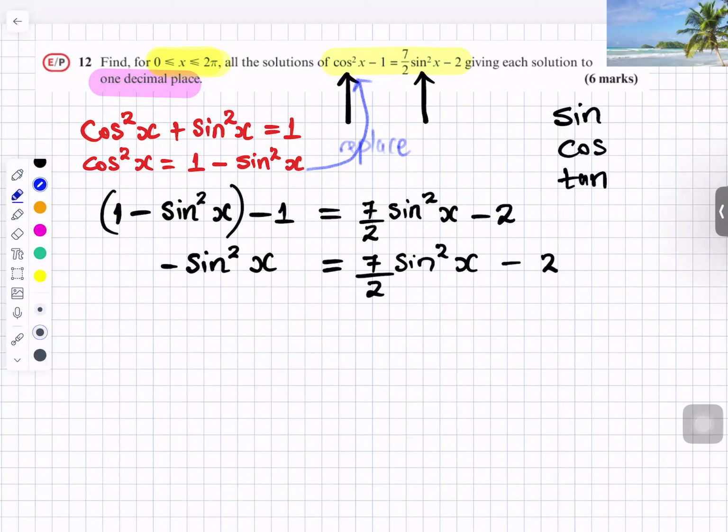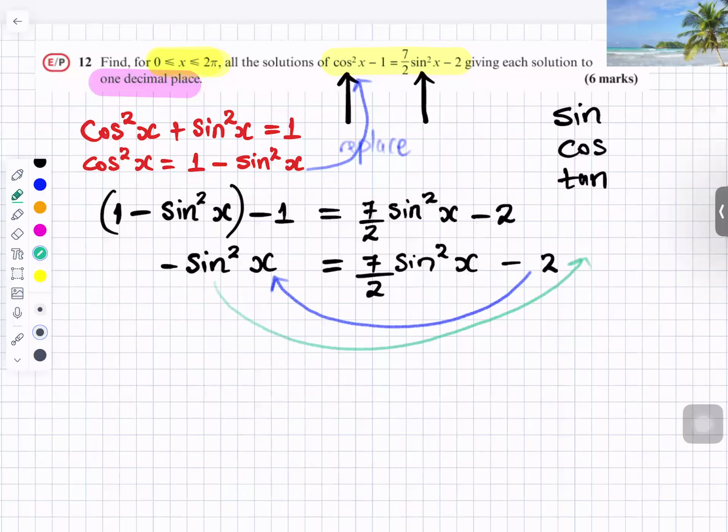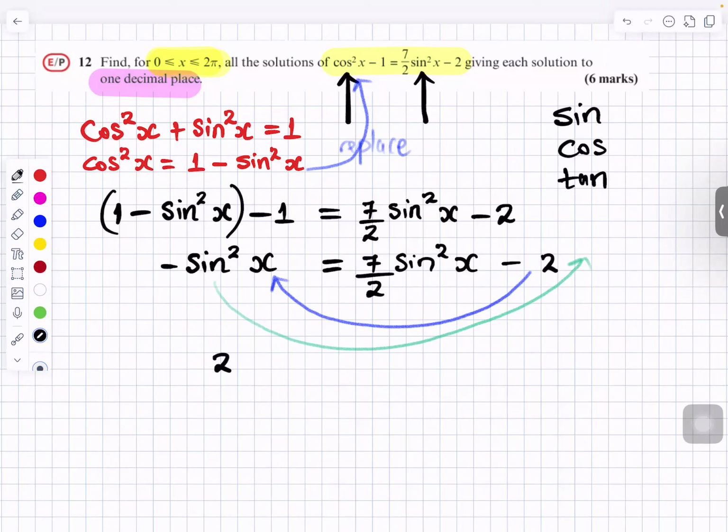So that will get positive. Watch what I'm going to do here. It's very important. We'll take the −2 to the left, and then we take the −sin² to the right. When you take −2 to the left, it becomes +2. You happy with that? Yes, sir.